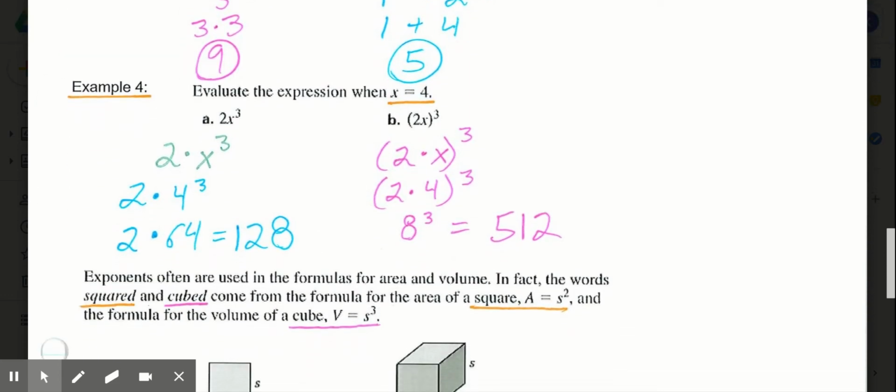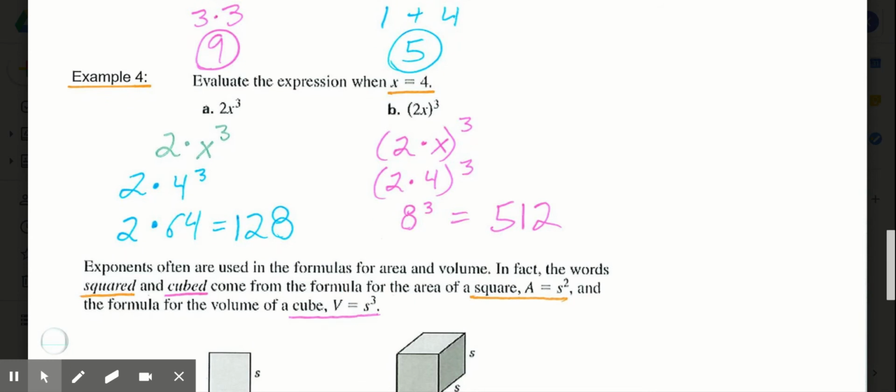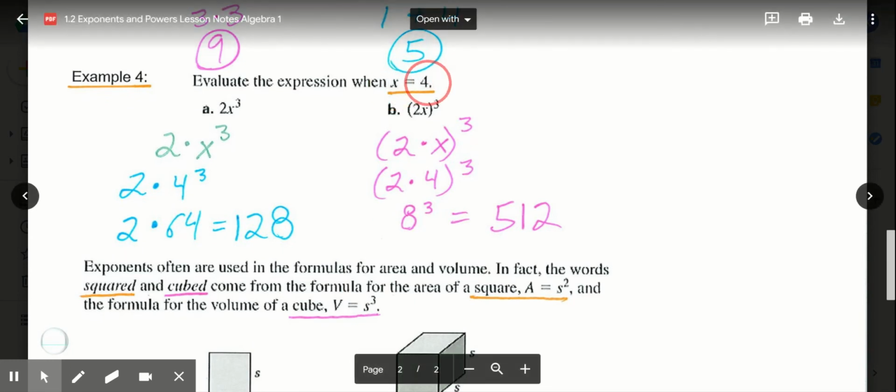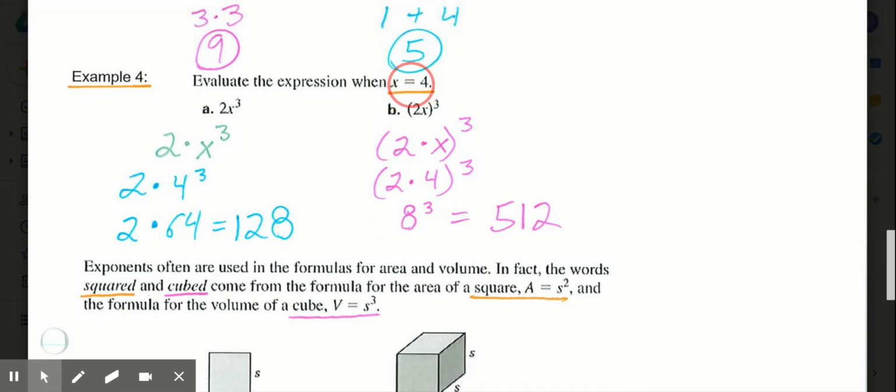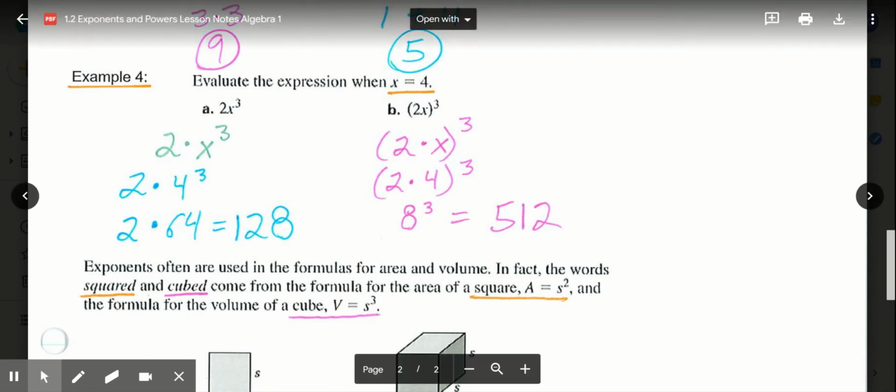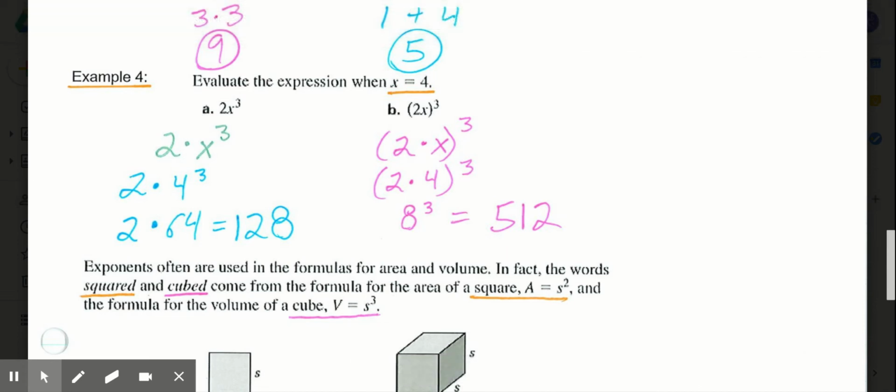And then example 4 asks us to evaluate the expression when x equals 4. So in both part A and B here, we'll be replacing x with 4 and then solving. So 2 times x to the third power. That would become 2 times 4 to the third power. Now, if we're following the order of operations, we don't have any grouping symbols.